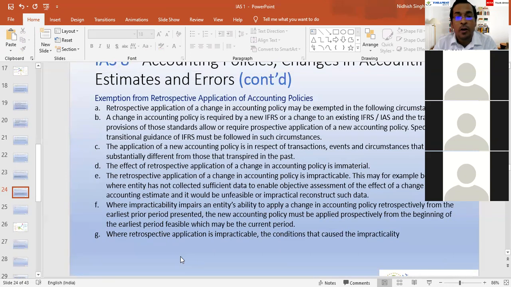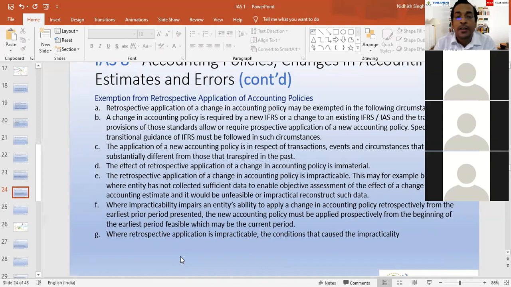The application of a new accounting policy can be so different in terms of transactions, even in circumstances, that the new accounting policy might also change your concept of estimate, how you need to estimate the useful life or transactions. So again, you are exempted.